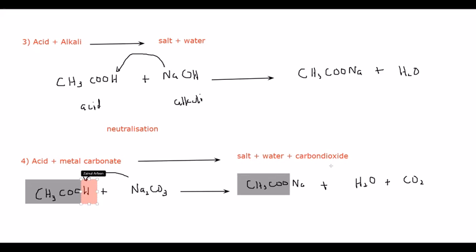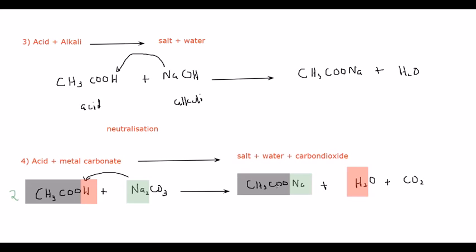Hydrogen we represent by a pink shade, sodium by a green shade, and the carbon and oxygen I can show with different shades. So CO3 and oxygen are already balanced. Basically we have to balance hydrogen. We have two hydrogen in the pink shade on one side and one hydrogen on the other, so we put two. When we put two, hydrogen is balanced in pink shade.